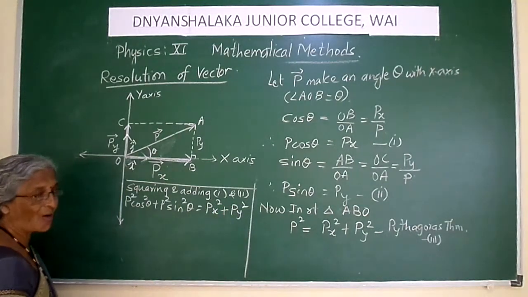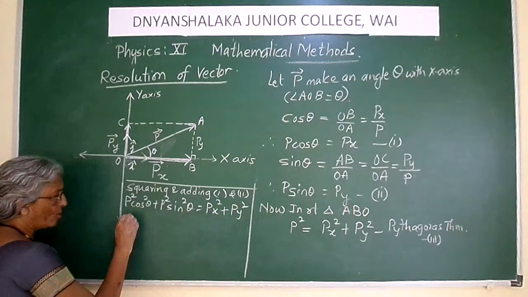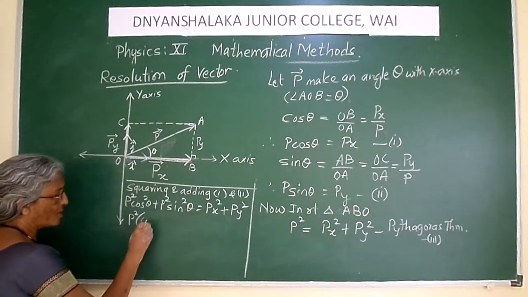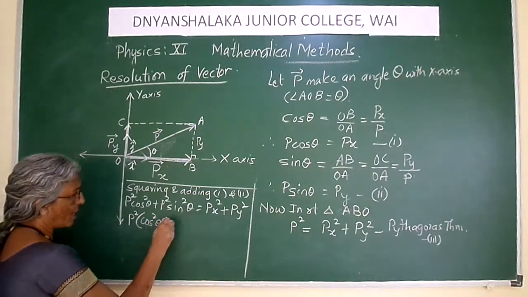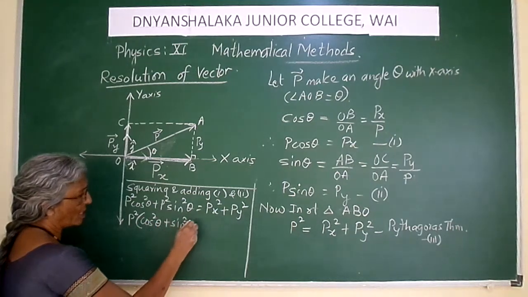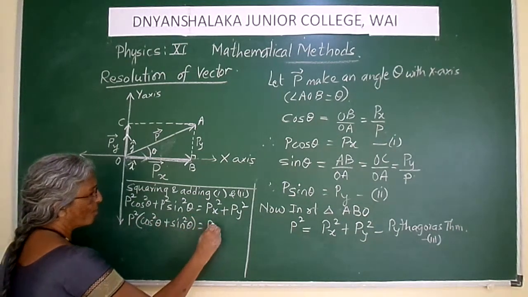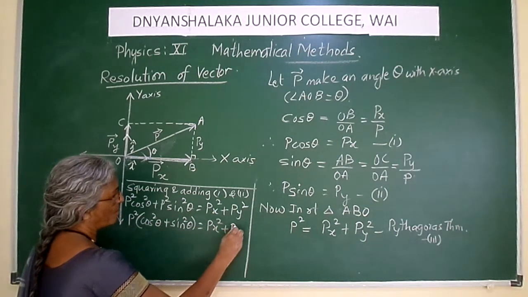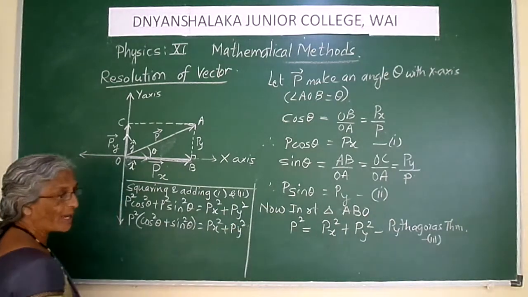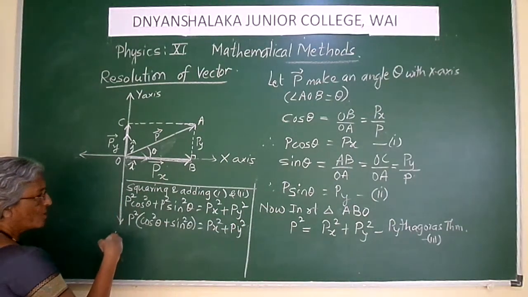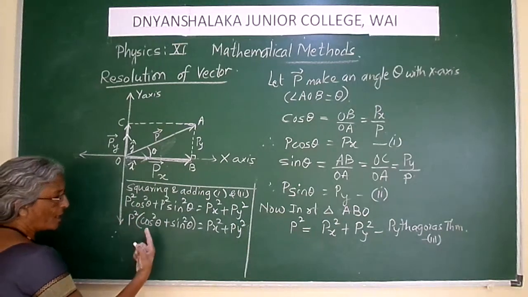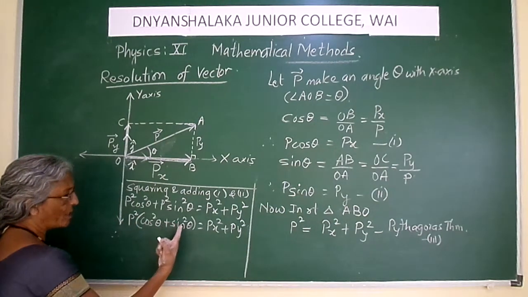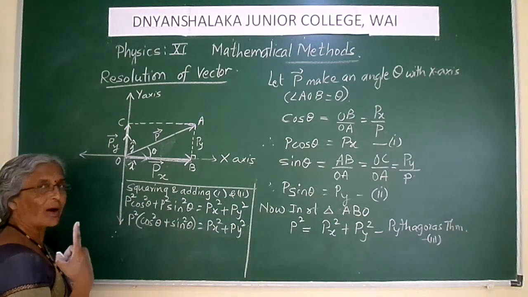Have you got this now? So I can take out p square common. That gives me p square into cos square theta plus sin square theta equal to px square plus py square, right? Cos square theta plus sin square theta is equal to what? 1.